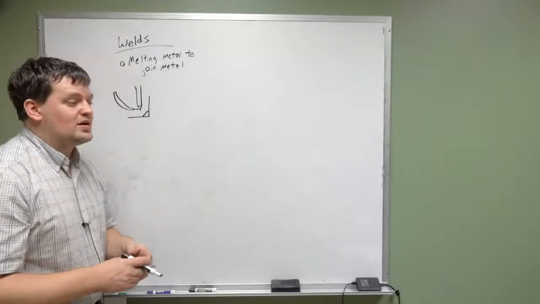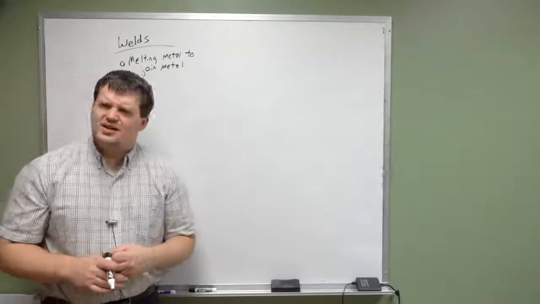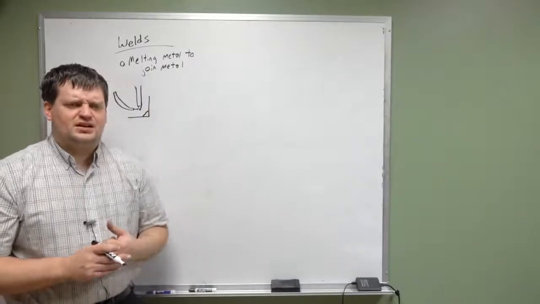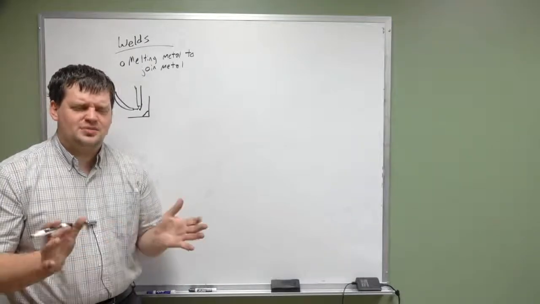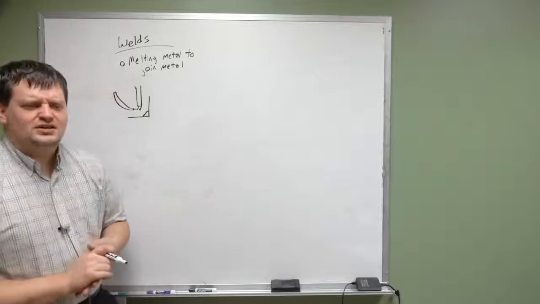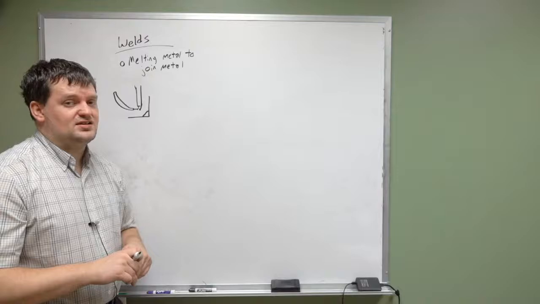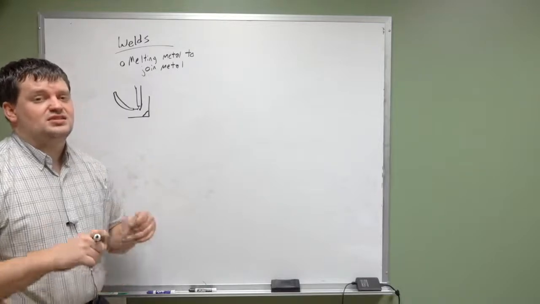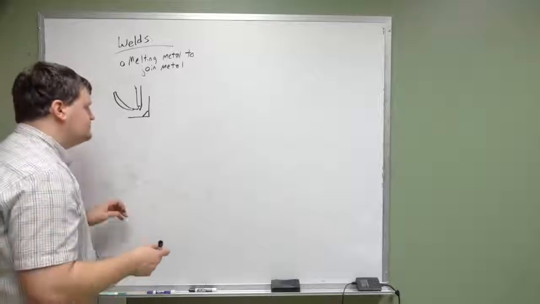Now, do be aware that unlike some of you in this class, I've never welded before. And some of you are much, much, much better, and you probably already understand welding. But my purpose in talking about this class is the academic side of it, which is how to understand designing for welds. Okay?